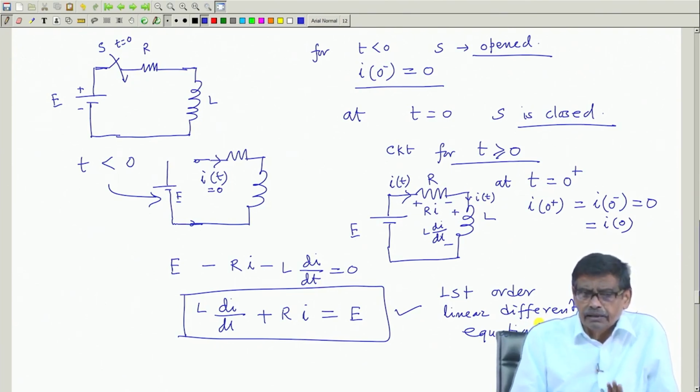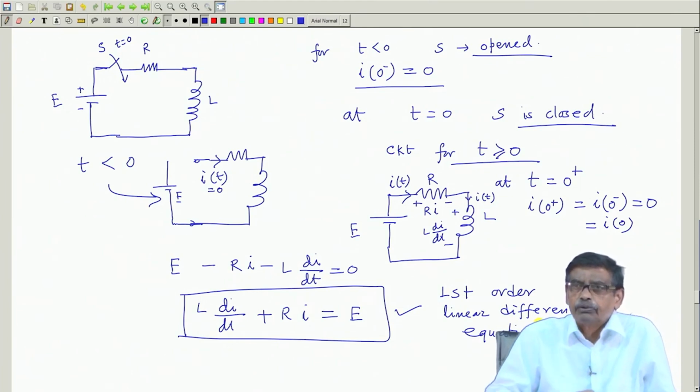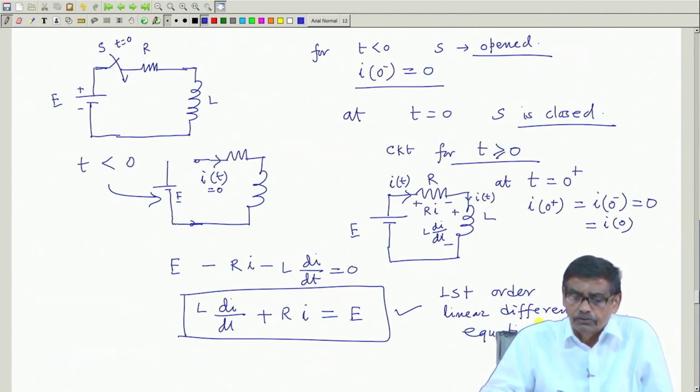In general, if two energy storing elements are there, say, inductance and capacitance both are present, then it will give rise to a second order differential equation and so on.